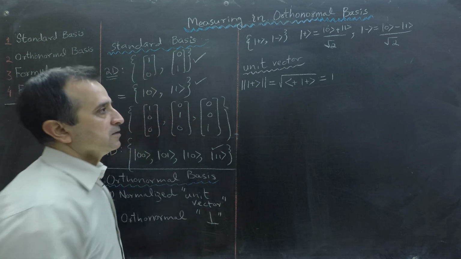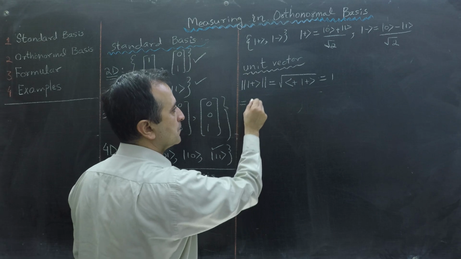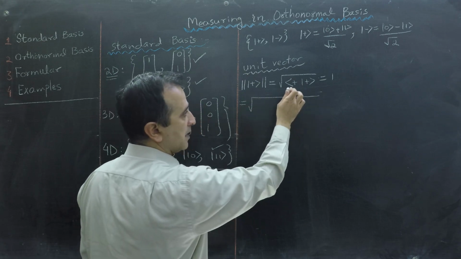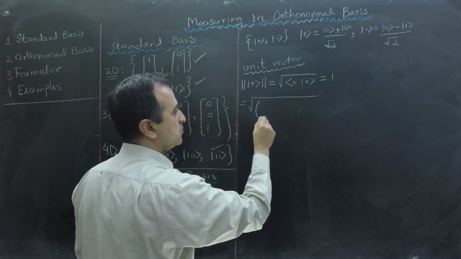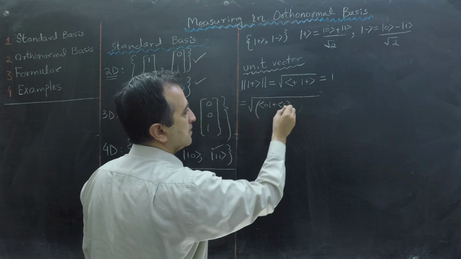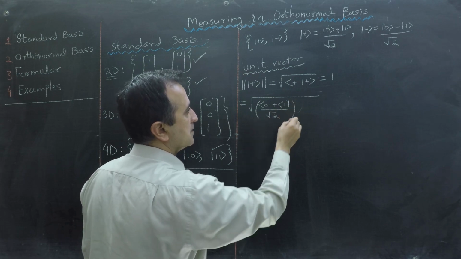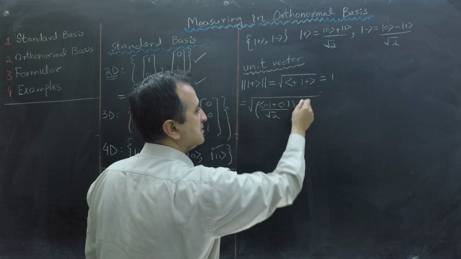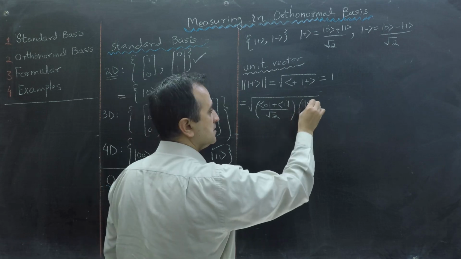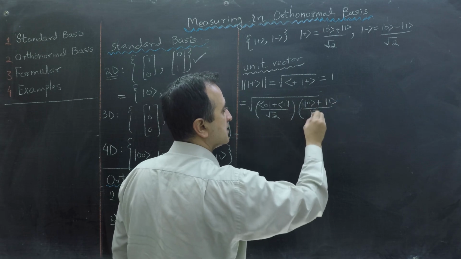So let's do that. This will be equal to bra plus, that is bra 0 plus bra 1 divided by square root of 2, times ket plus, that is ket 0 plus ket 1 divided by square root of 2.